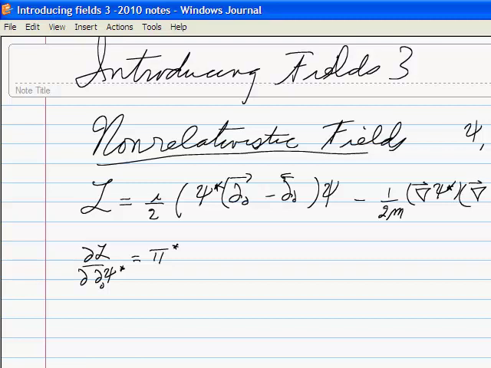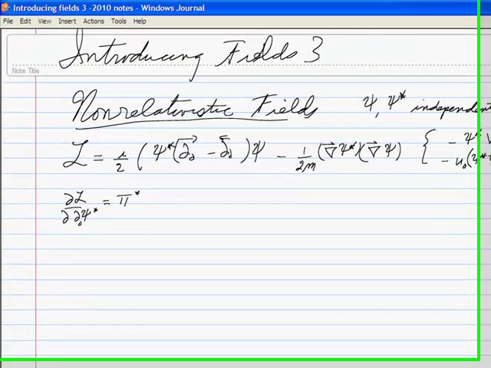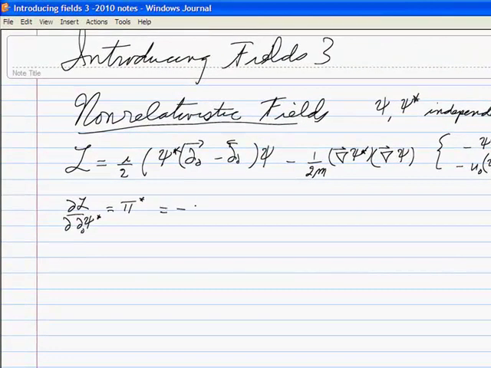And you'll be able to see the answer for psi also. If I take the derivative with respect to d0 psi star, it sits right here. There's the derivative acting on psi star. So I get minus i over 2 psi as that guy. The derivative with respect to the gradient of psi star, well, that sits over there.